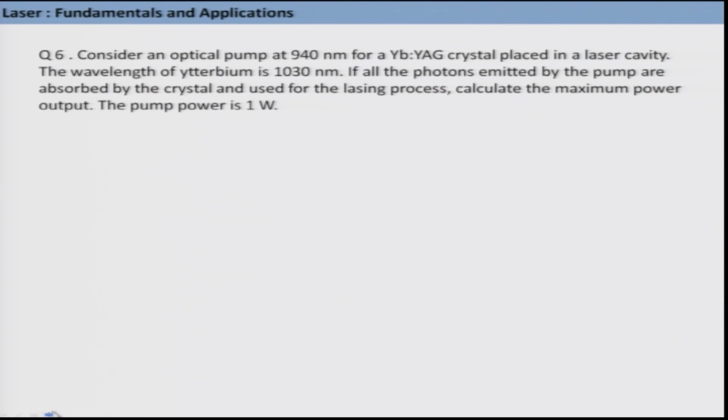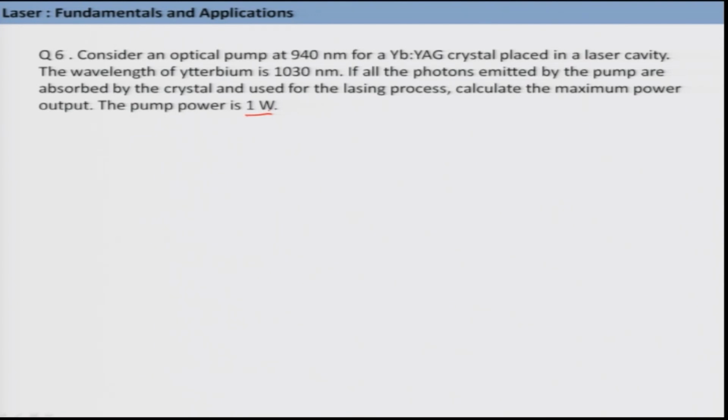If all the photons emitted by the pump are absorbed by the crystal and used for lasing processes, calculate the maximum power of the output. Okay, and the pump power is given as 1 watt. So, what best efficiency can we get for every photon given, you are getting output.